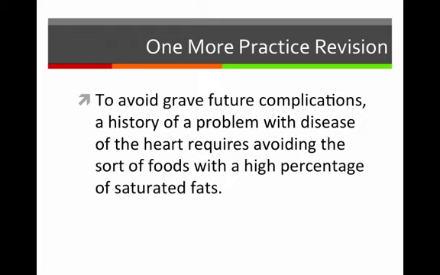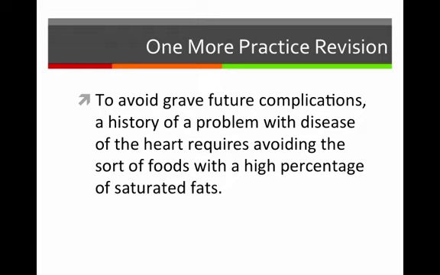To avoid grave future complications. This is one of those infinitive verb phrases. What's the implied subject? Who should avoid grave future complications? Well, people. You. What we get after the comma instead is a history.